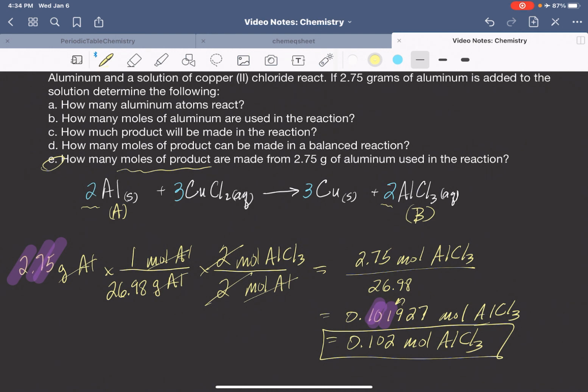And then D, we just need to look at the balanced reaction itself, and then from there, the coefficients let us know the number of moles of everything. And then E, how many moles of product? It's just like C. We just stop at the calculation of a mole instead of going one step further to the calculation of grams. All right.